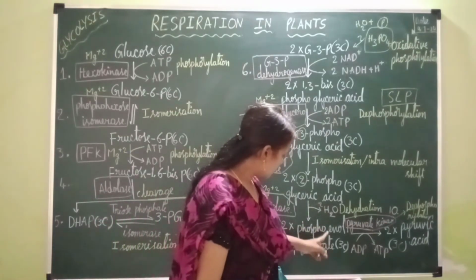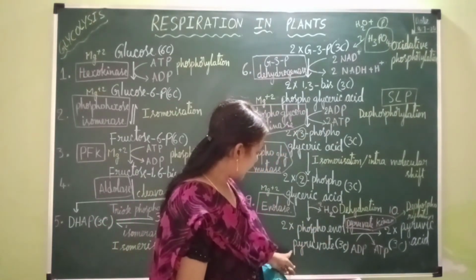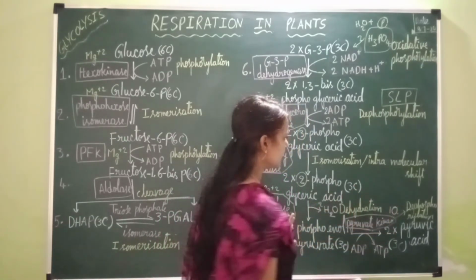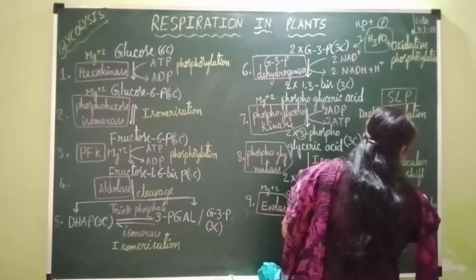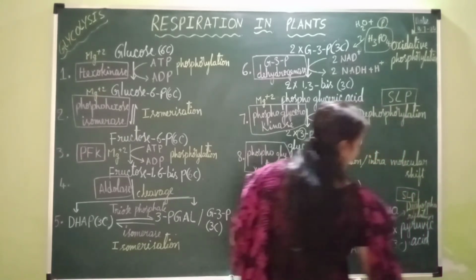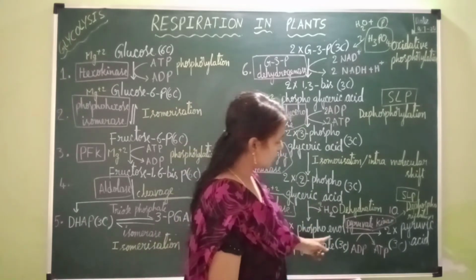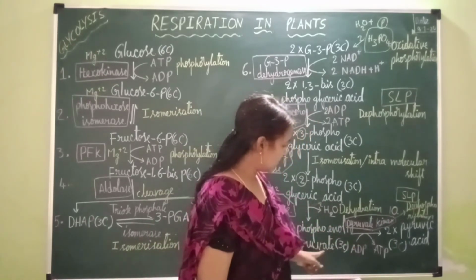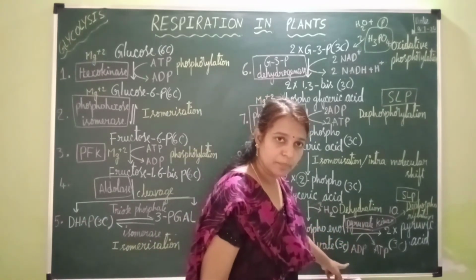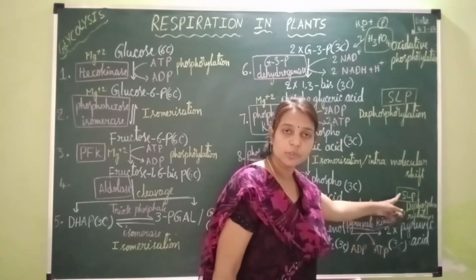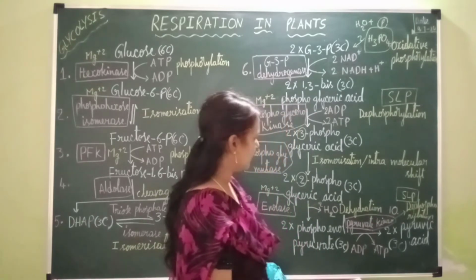Next, these two molecules of phosphoenol pyruvic acid in the 10th step undergo dephosphorylation to form pyruvic acid. Again it is SLP. The phosphate released from this intermediate is transferred onto ADP for the synthesis of ATP, hence it is also called SLP, substrate level phosphorylation, or direct formation of ATP.